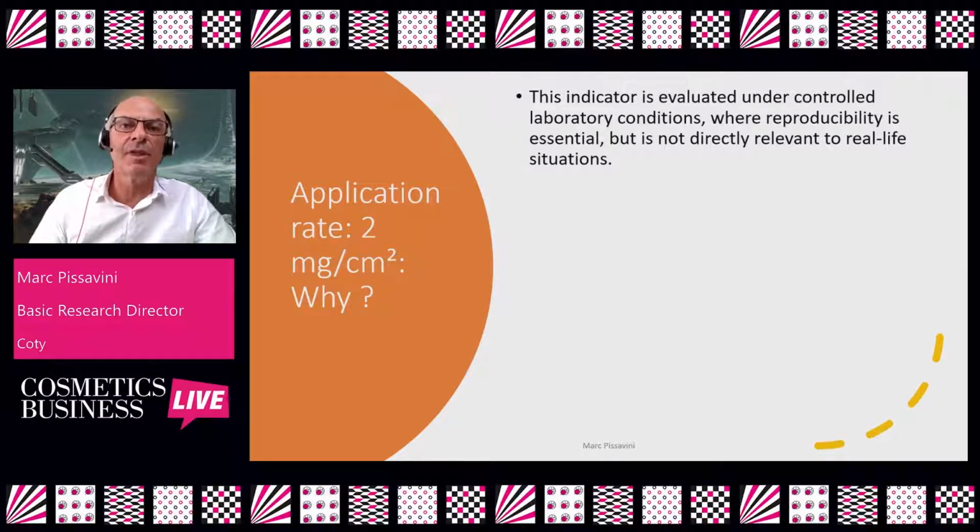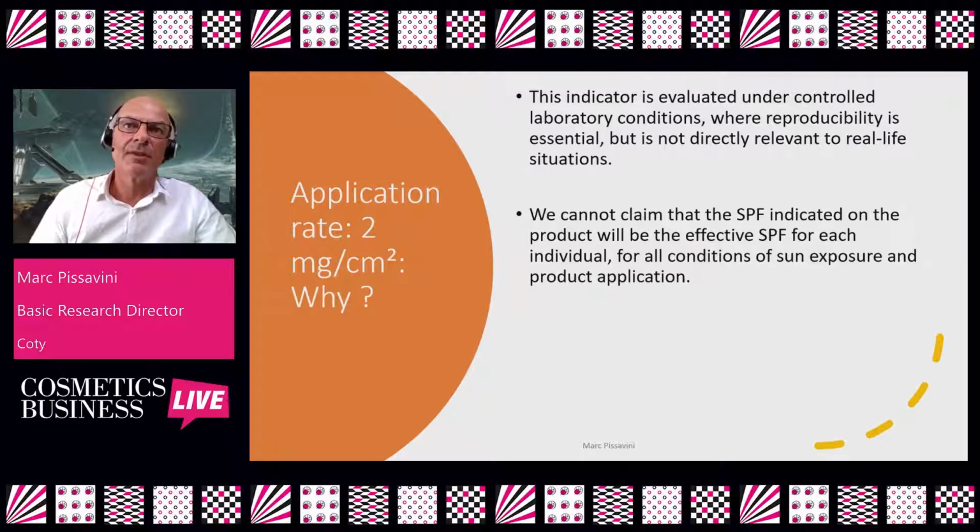Of course, we know that before validating this method, but below 2 milligrams per square centimeter, this method is not reproducible and repeatable. So we cannot claim that the SPF indicated on the product will be the real SPF that each individual has for all conditions. And this is also very important.